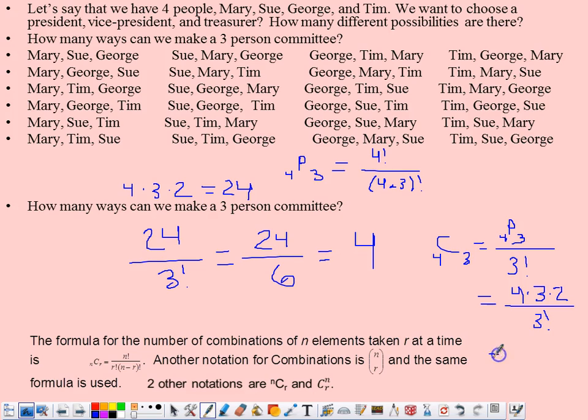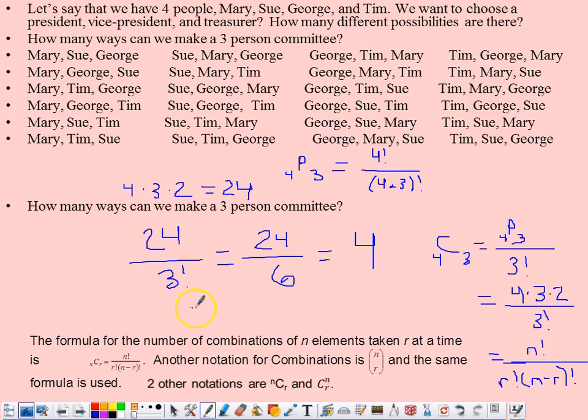You could also look at it as the formula for combinations, which you need to write down. Okay, which is just the same formula as you had before for permutations, only you're dividing by the number of ways you could rearrange those people, which is just r factorial. There's a couple of symbols for it.